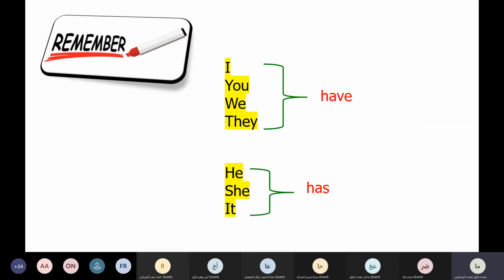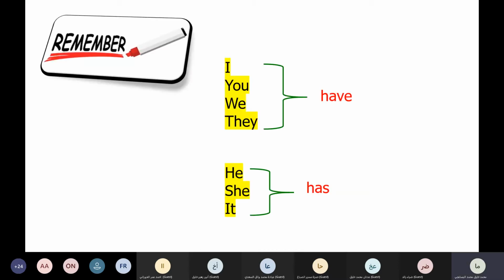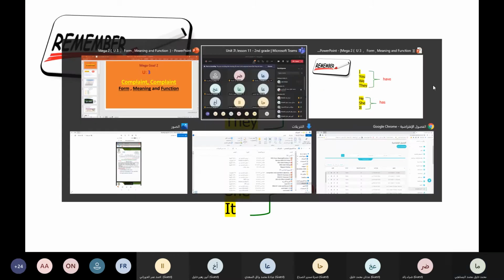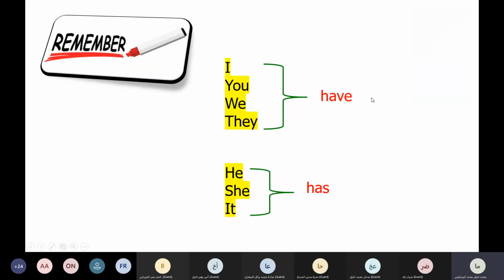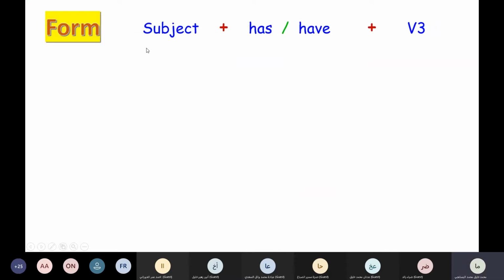Just to remind you of the form of the present perfect: I and the plural pronouns are used with have, and he, she, it, the singular pronouns, are used with has, plus verb 3. The form is subject, has or have, plus verb 3, the past participle.